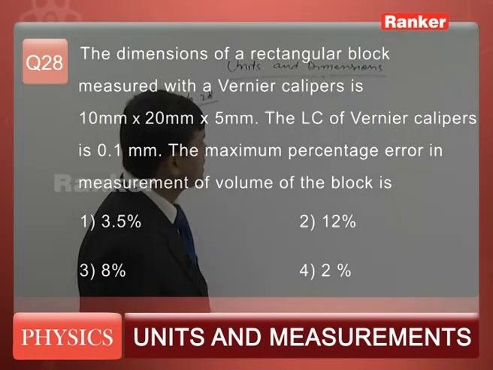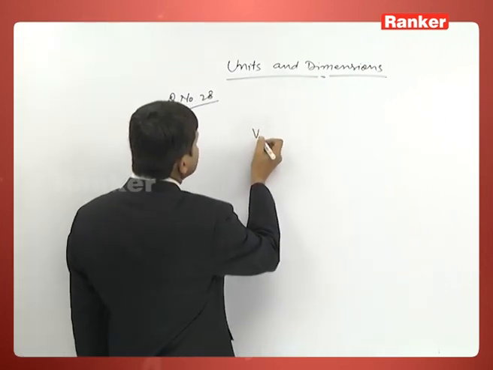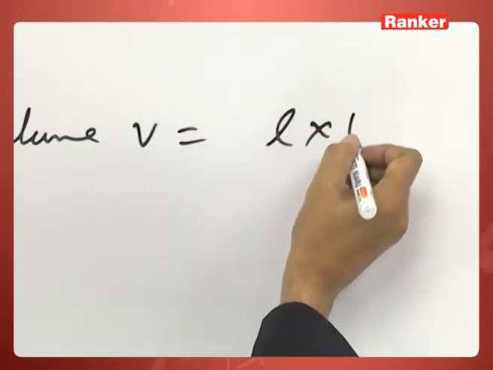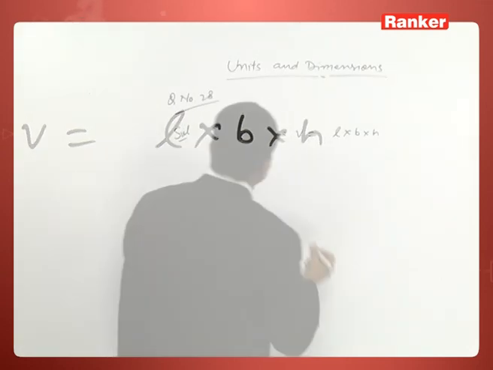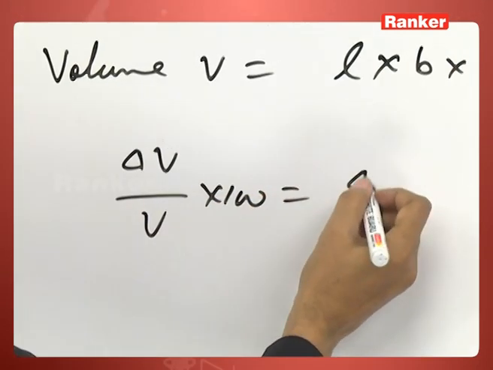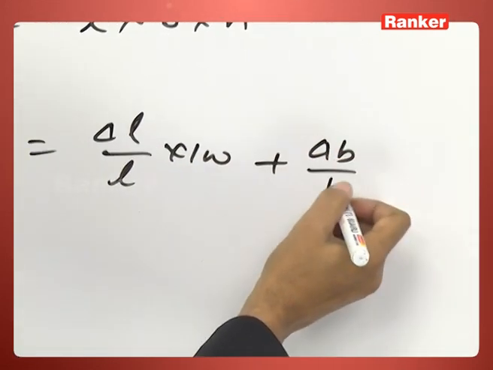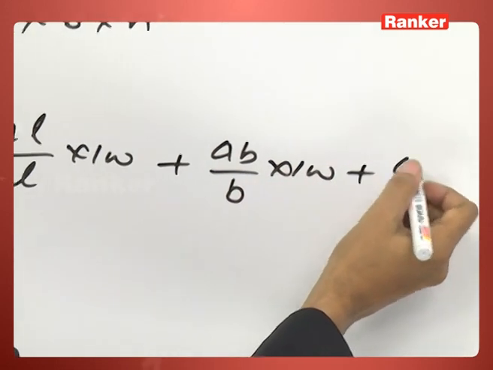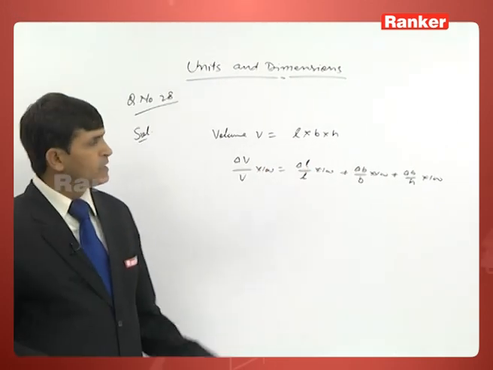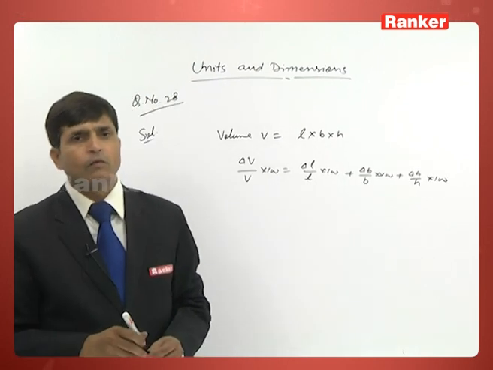See how to do this one. So volume is equal to length, breadth, into height. So percentage error in the measurement of volume is written as delta L by L into 100 plus delta B by B into 100 plus delta H by H into 100. As per the given information, least count is 0.1 millimeter.